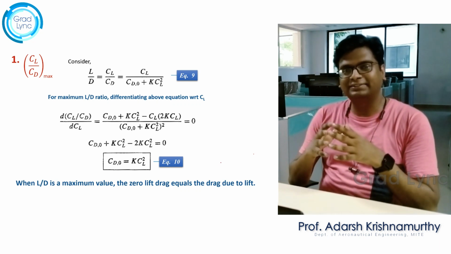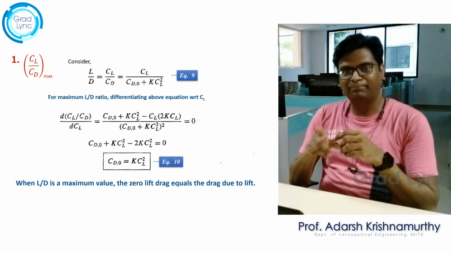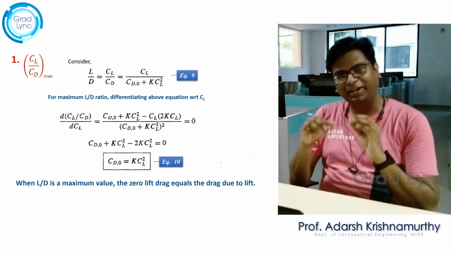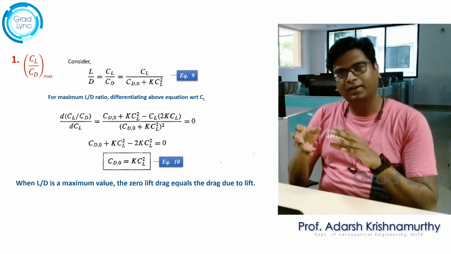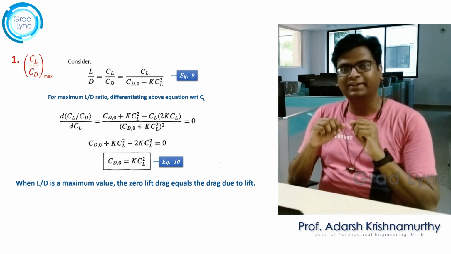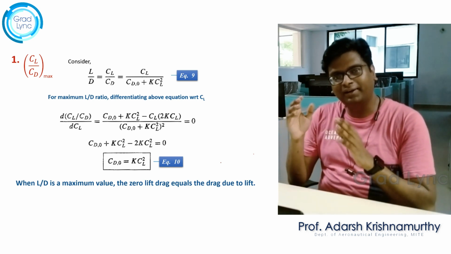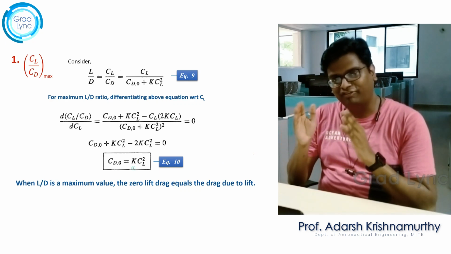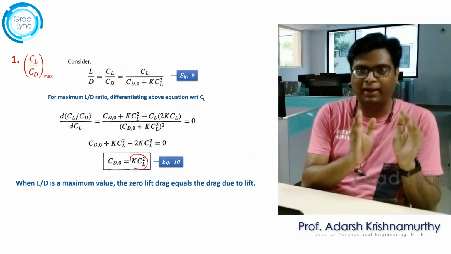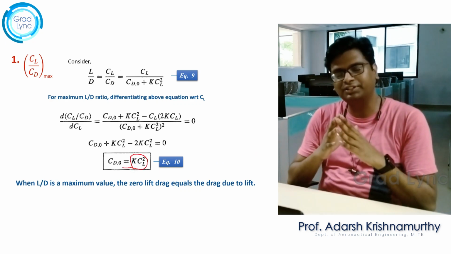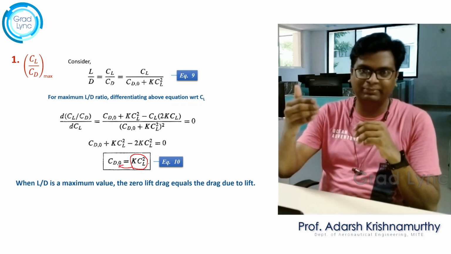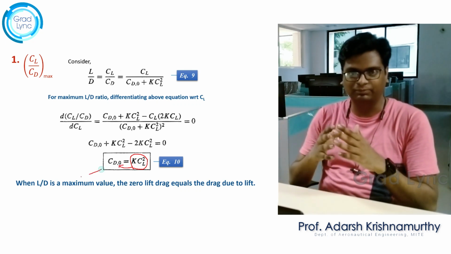CL by CD max can be achieved by an aircraft by changing its coefficient of lift in such a way that the lift dependent drag coefficient, if I make it equal to the parasite drag coefficient, then the ratio CL by CD would be maximum.